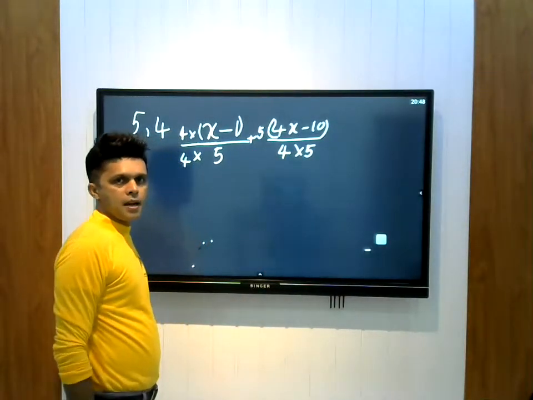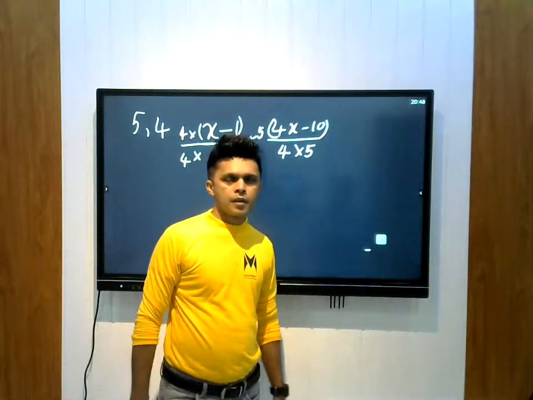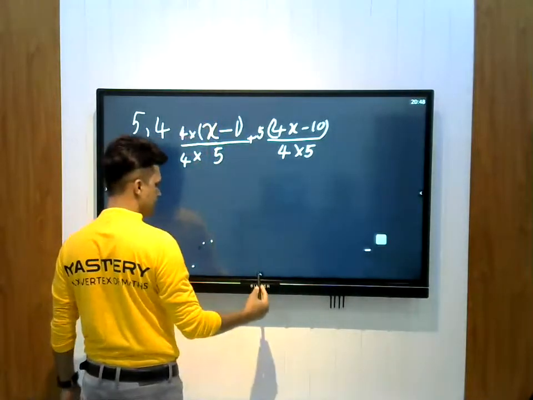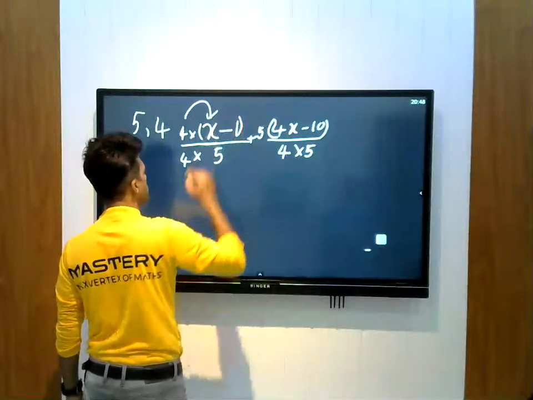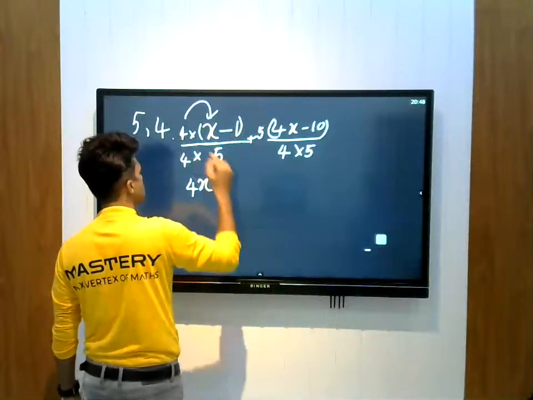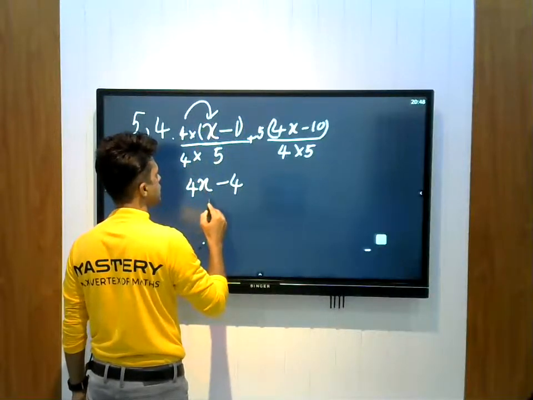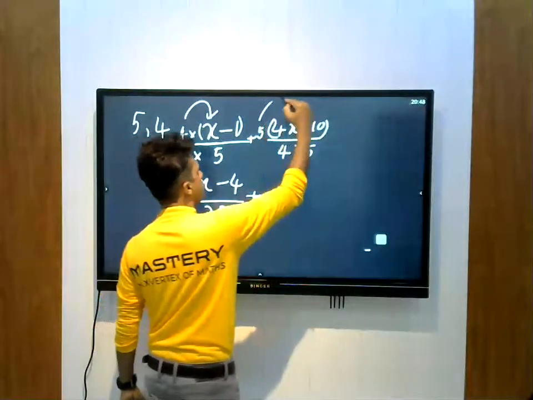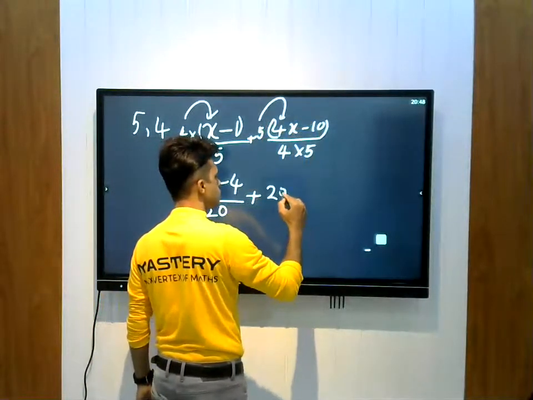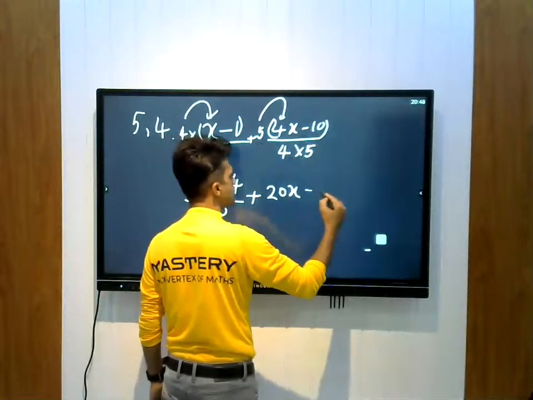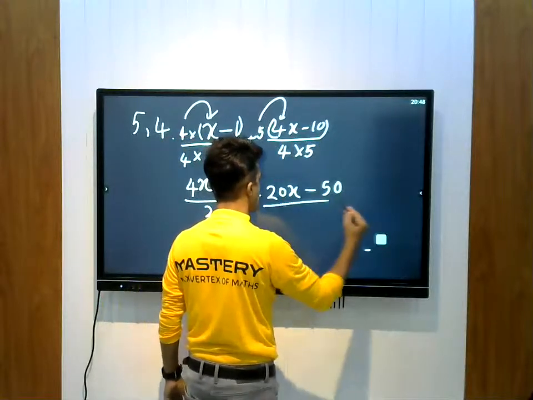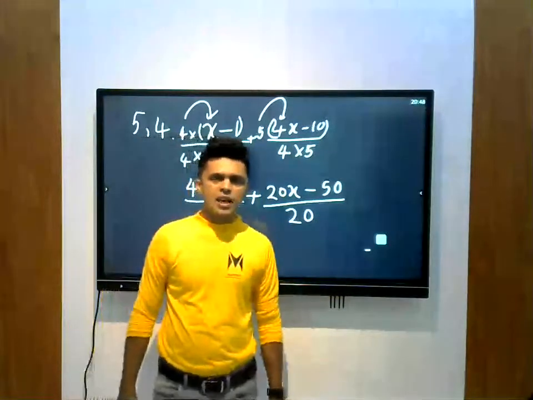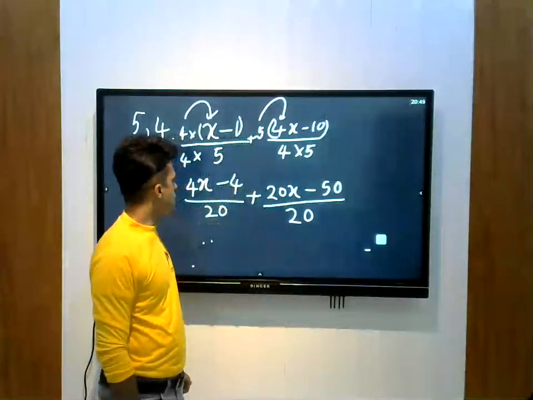Now we can multiply these terms. 4 into x is 4x, plus into minus, 4 into 1 is 4, over 20. Here 5 into 4 is 20x, plus into minus, 5 into 10 is 50, over 4 times 5 is 20. Now you can simplify the like terms.